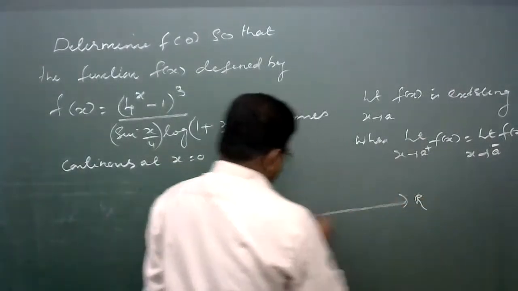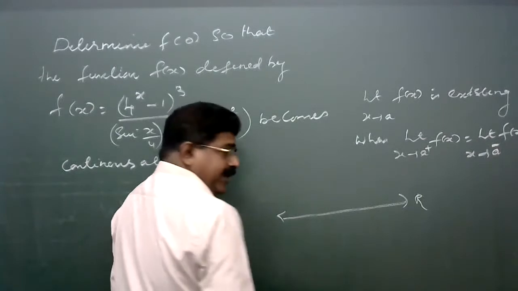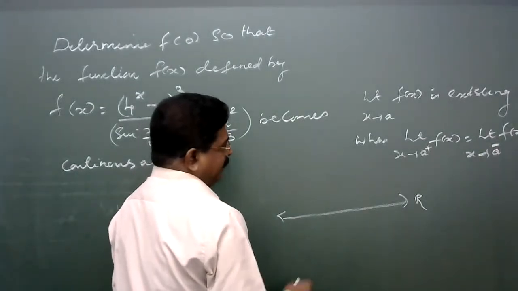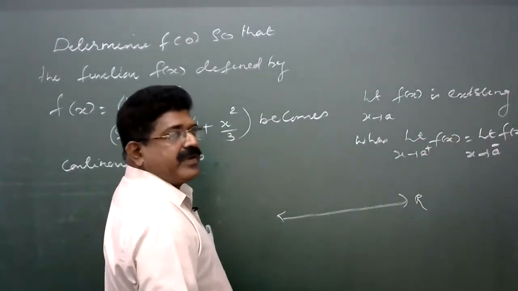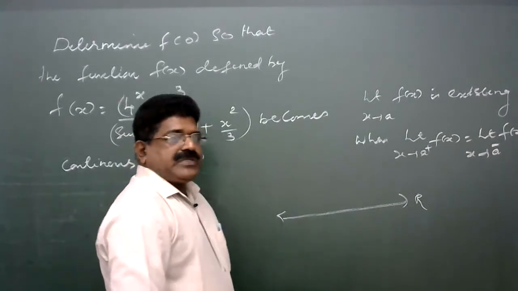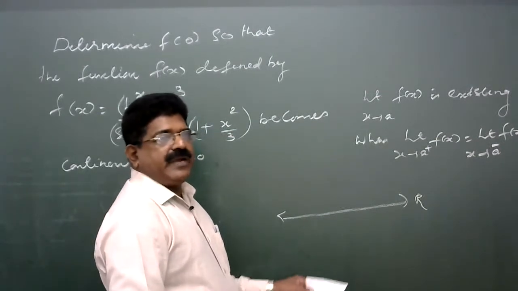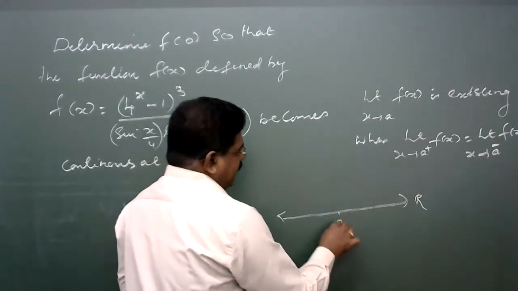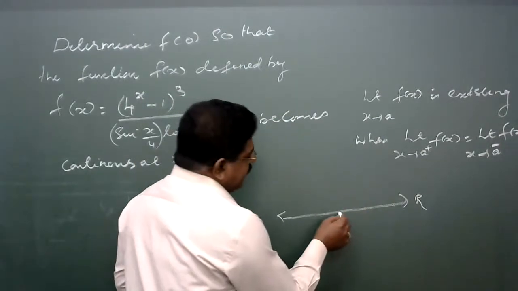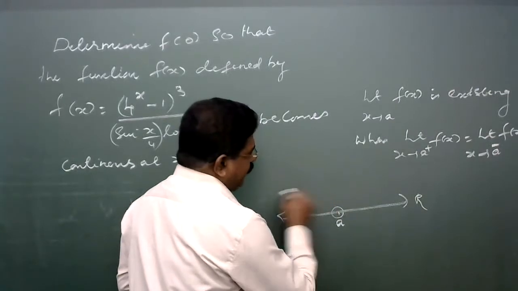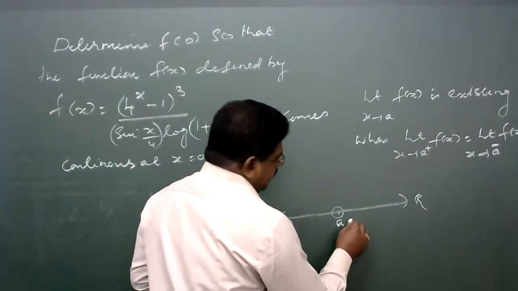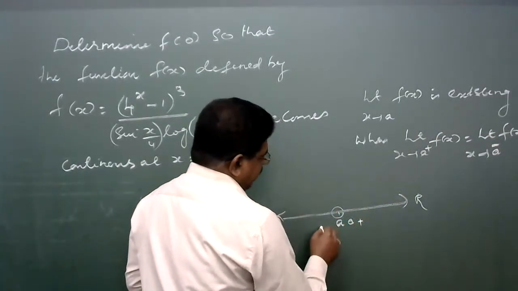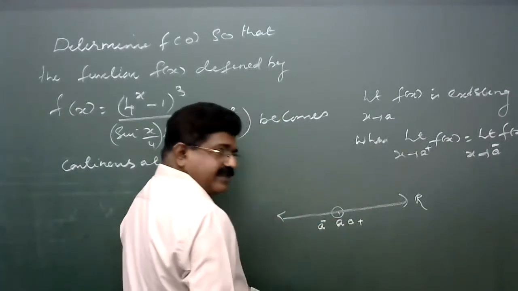Okay, real line, set of all real numbers, you all know well, collection of real numbers means rational numbers and irrational numbers. So here the point a is on this line and there is a neighborhood of this particular point. The right hand side, that is a plus, and here left side a minus.